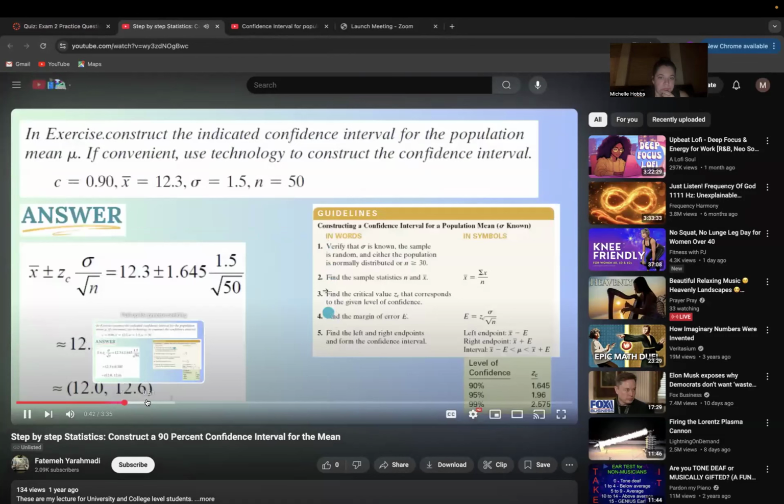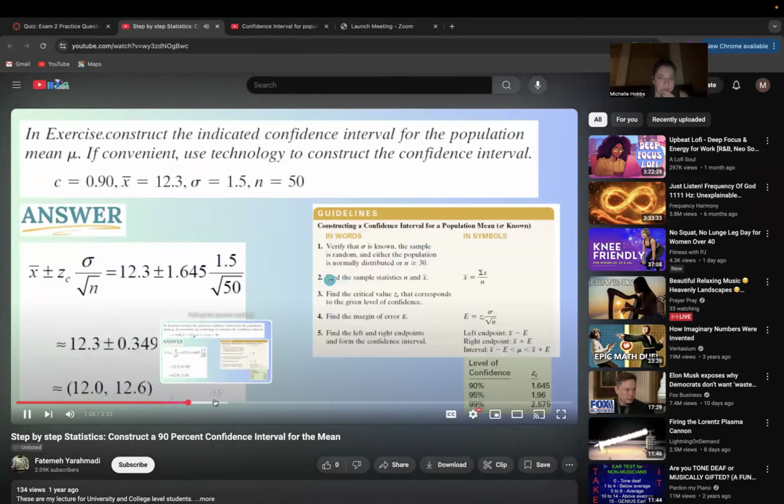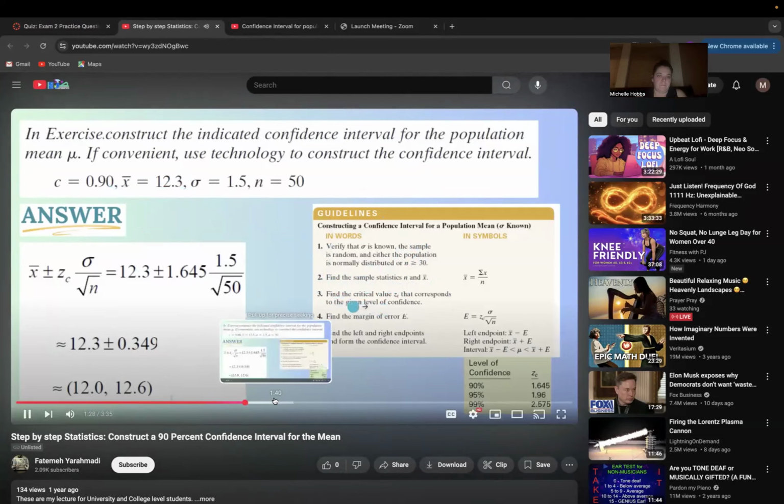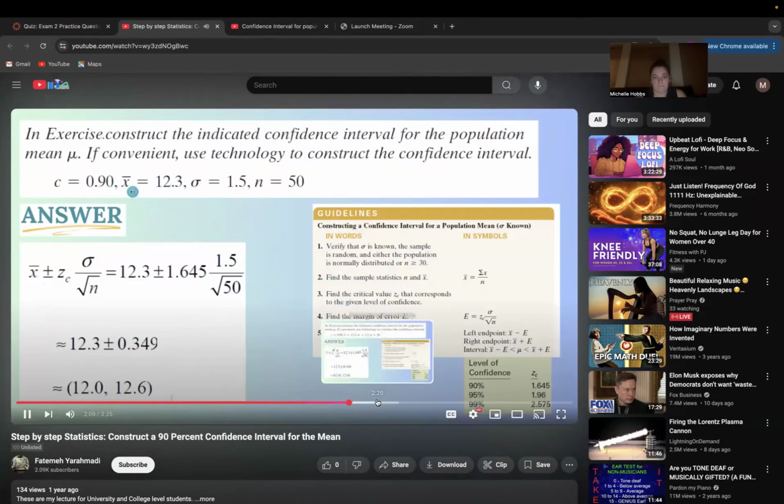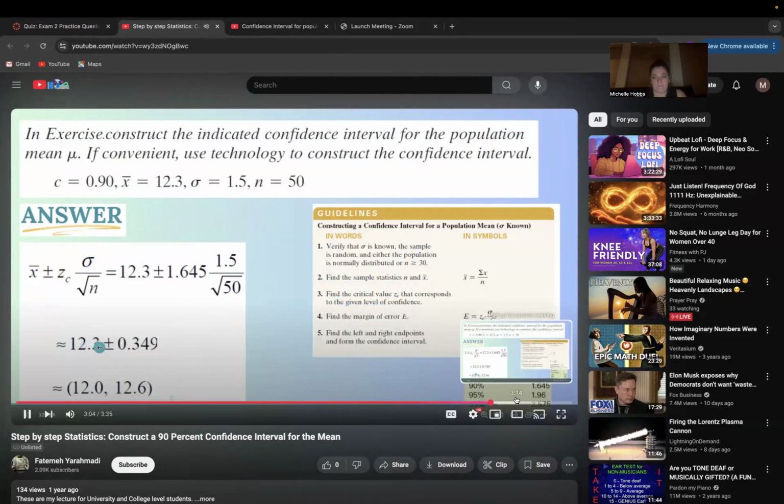We need to identify the sample size. In the next step, we need to find the sample statistic, x bar. Luckily for us, in this question x bar corresponds to the given value.